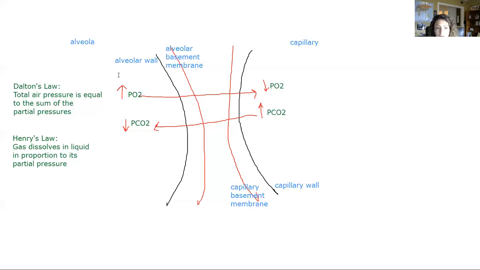I have one more law for you, and this one's my favorite. Fick's law says, I'll tell you what it says first and then I'll explain it.